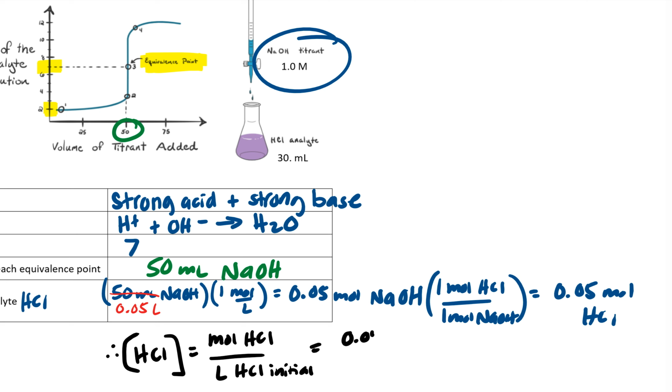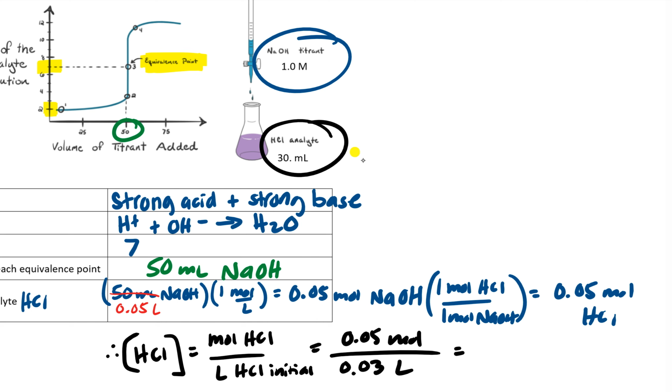And so 0.05 moles of HCl were present, and the initial volume of HCl was 30 milliliters. But real quickly, move that decimal point and get to liters. So 0.03 liters. HCl has a molarity of 1.7 molar. And so there you have it. You've just determined the concentration of your analyte, the hydrochloric acid that was in the flask.